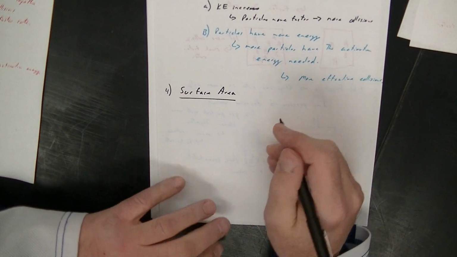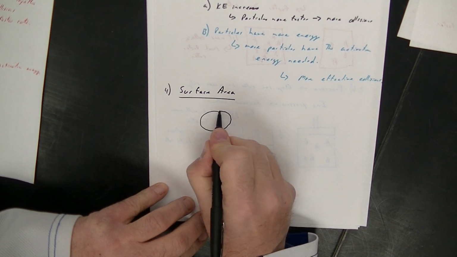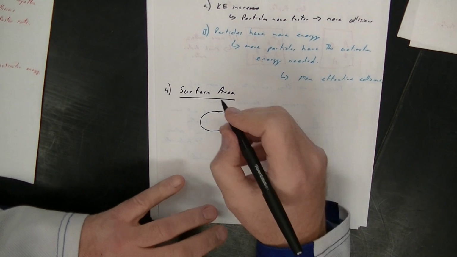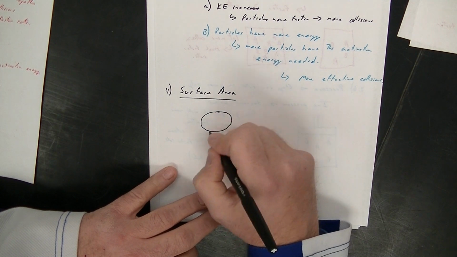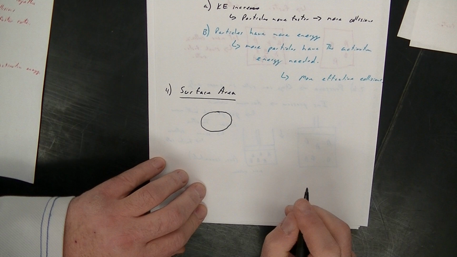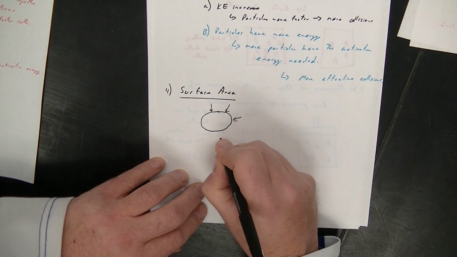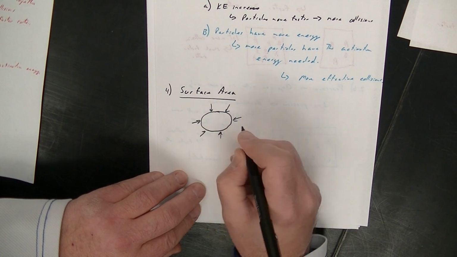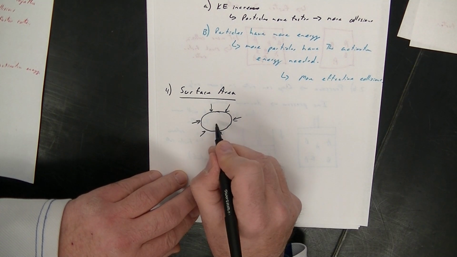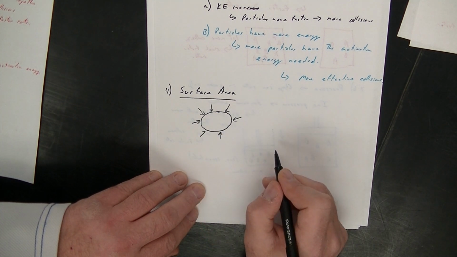So let's say that we have a solid sphere. The only place that this reaction, if I put this in something that it's going to react with, I don't know, maybe we put it in a beaker with sulfuric acid or something, the only places that collisions are occurring are right here on the outside. There are no collisions occurring in here. Right? So this is my surface area. So this is where the collisions can occur.